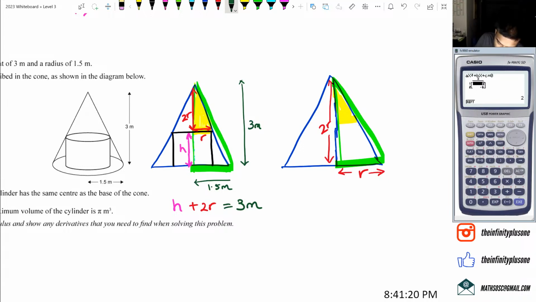So if that's the case, then we can say that h is equal to 3 minus 2r.